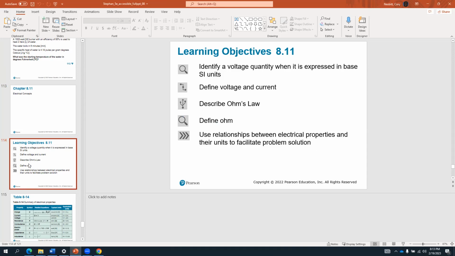Electrical current is a fundamental dimension or universal dimension in engineering, right? This is another just measurement.